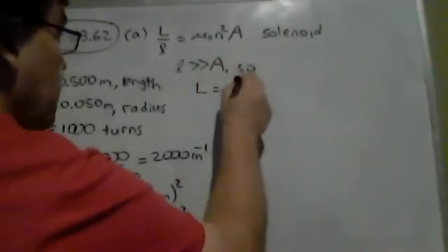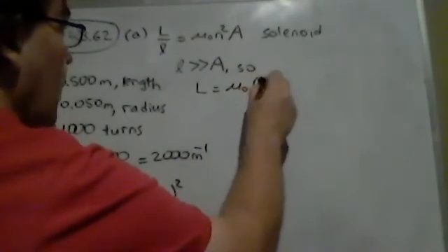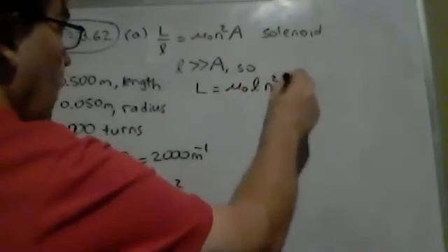We can write this as mu naught N squared A over little l.